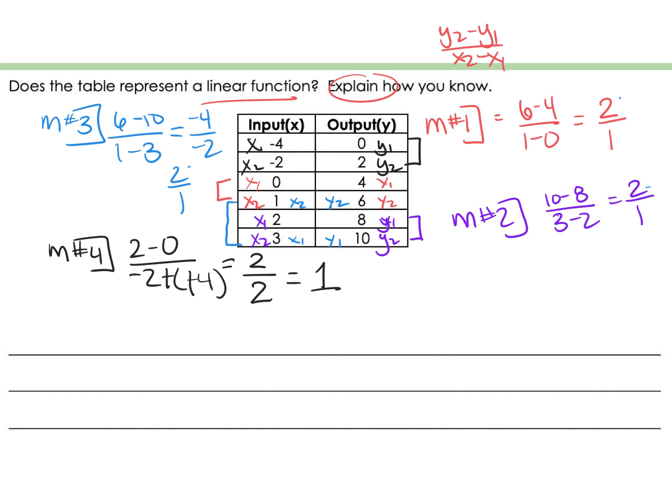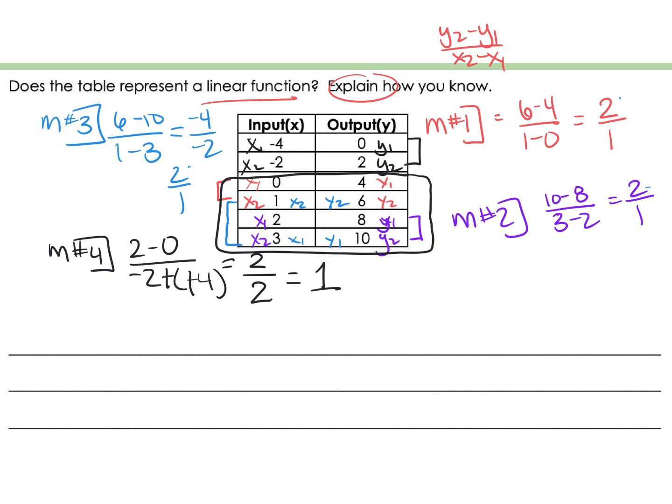They tried to trick us. So the rate of change is constant if you only look at the positive numbers on the table. But if you look at the entire table, you'll see that it's not. So the lesson here is, yes, you can be smart about the points you choose, but if you leave out entire ordered pairs, your information might not be accurate.